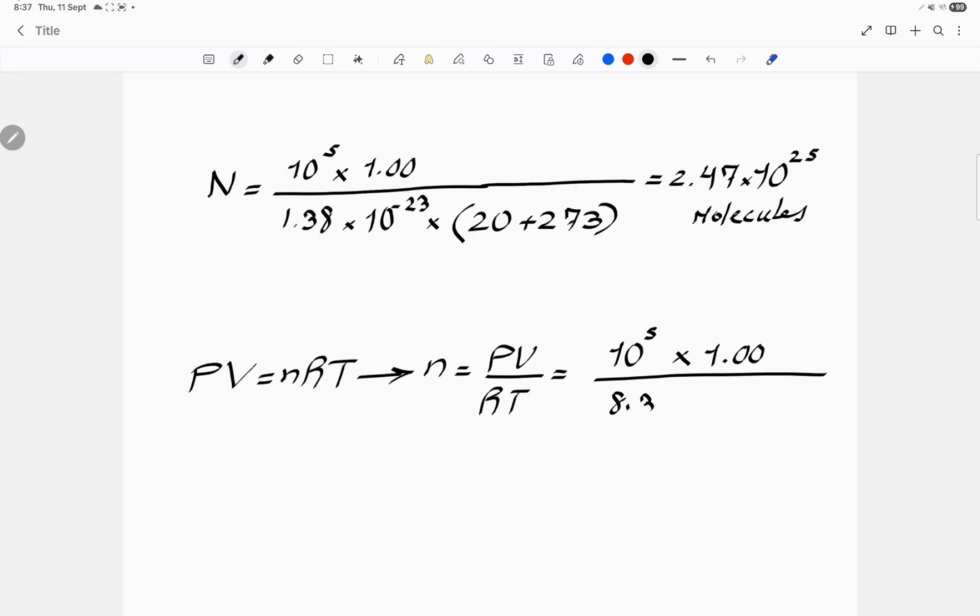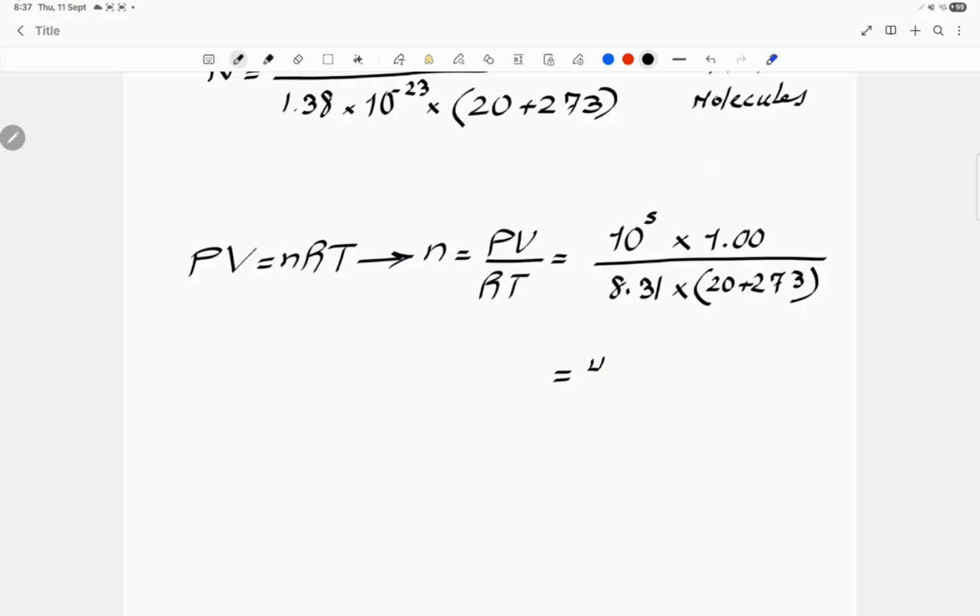R is going to be 8.31. And temperature is going to be, again, 20 Celsius plus 273 to make it into Kelvin. And now my answer will come out to 41.1 mole.